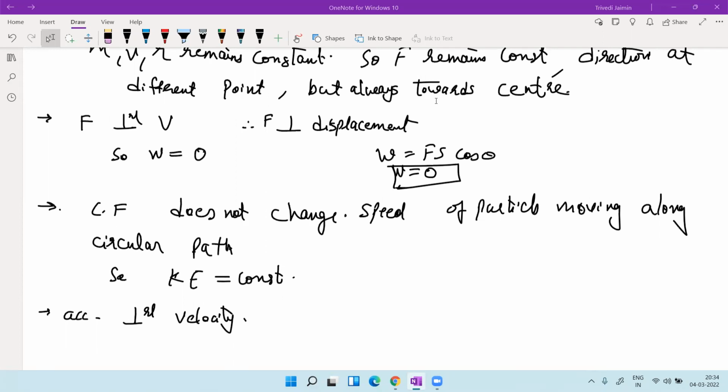Okay, Neha. No idea? Any example of centripetal force? Ramcharan? Turning a car. Okay, moving in a circular path.